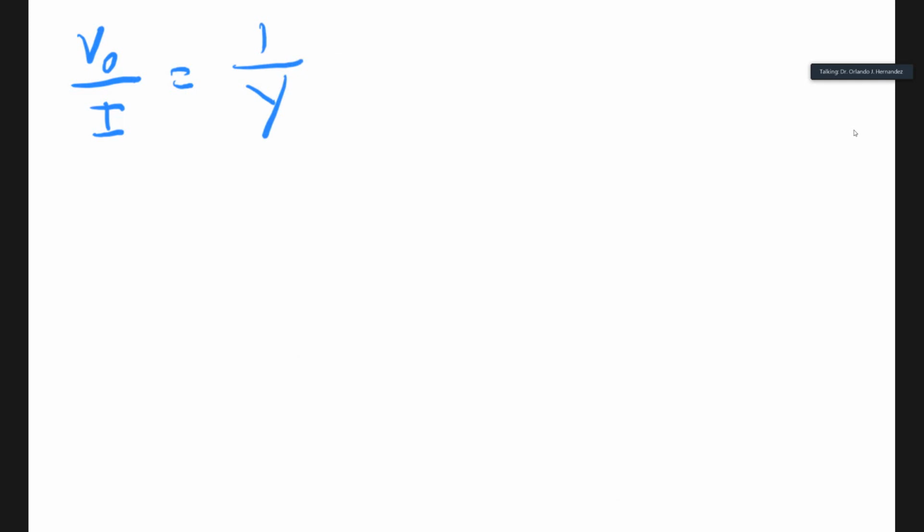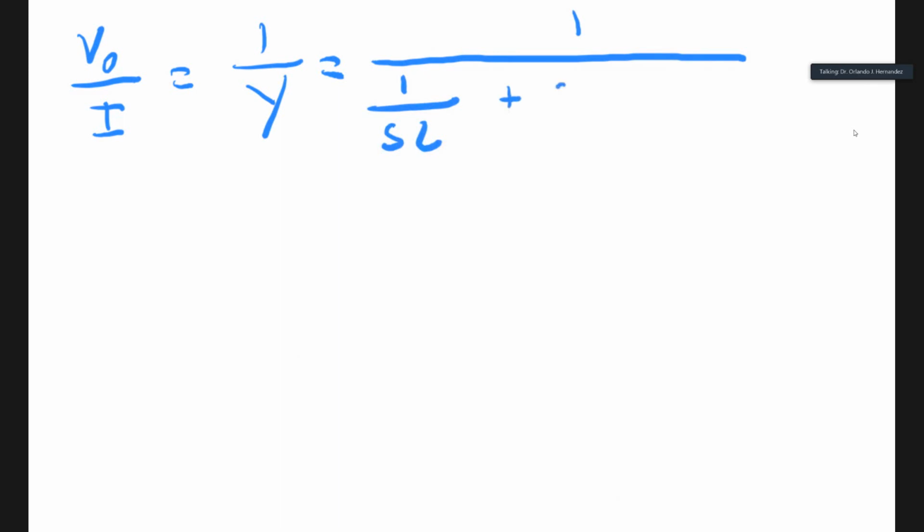So essentially, that would give us 1 over the total admittance of the parallel combination, which is just the sum of the admittances. We said that for the inductor, it was 1 over SL.